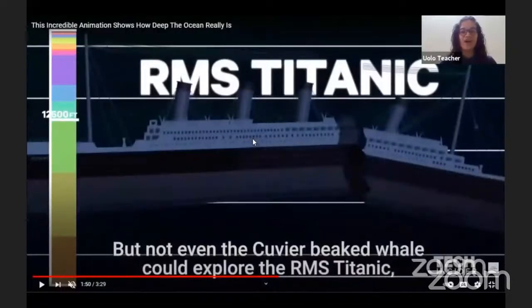All of y'all may have heard of the Titanic movie, right? It crashed and it sunk in the ocean. Now that is lying very deep inside the ocean. Even this whale could not go up to that level, because the pressure is so tremendous, the whale won't be able to bear it.